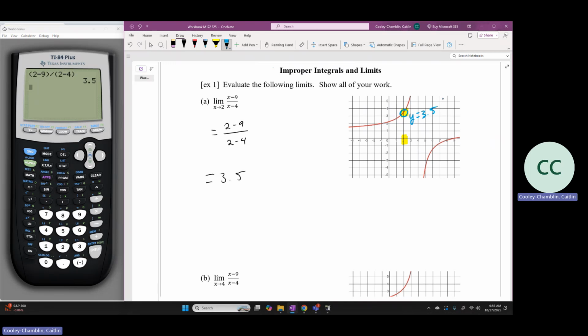So that's what the limit is confirming. If we come in from the left and we come in from the right, we meet right there, our limit is 3.5. Okay, so that's part A. That's your very basic limit.